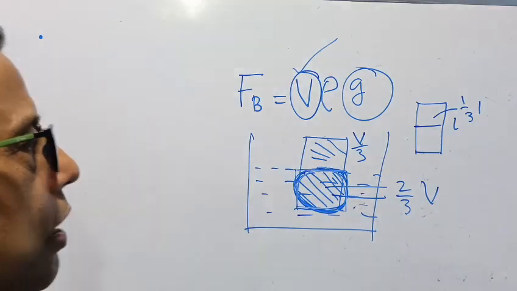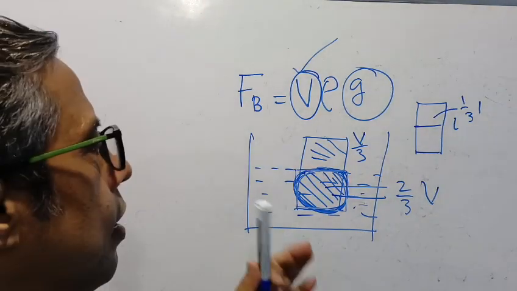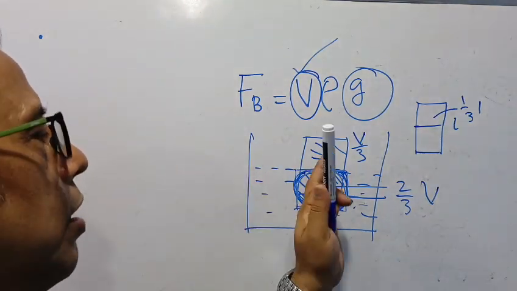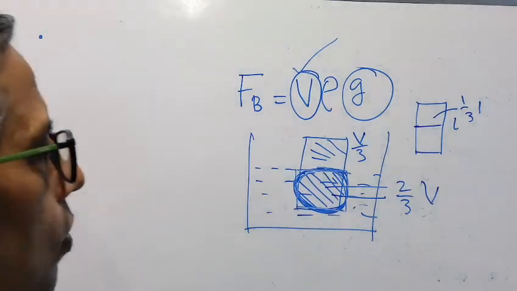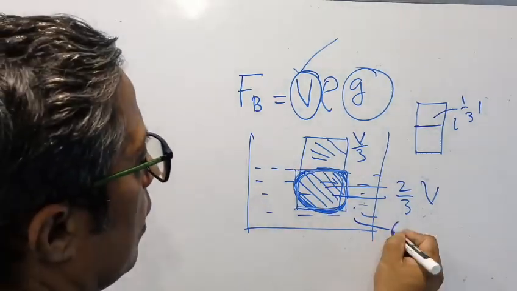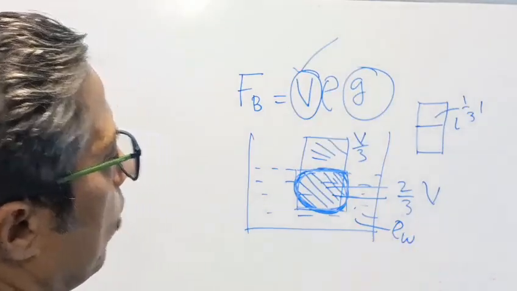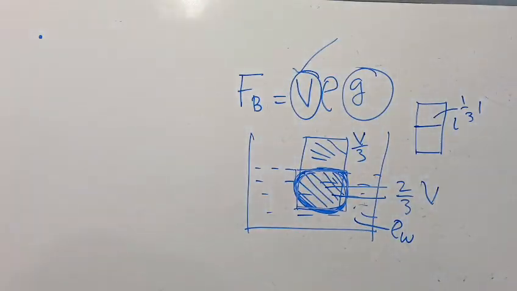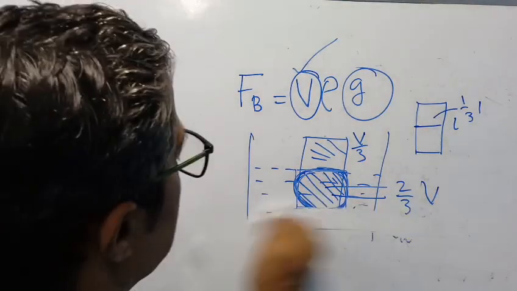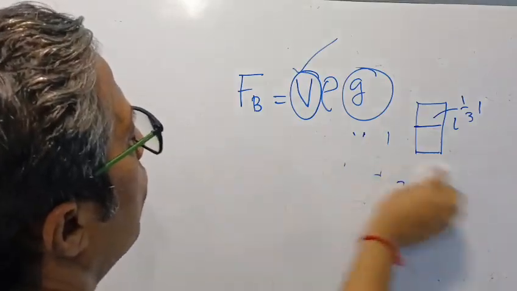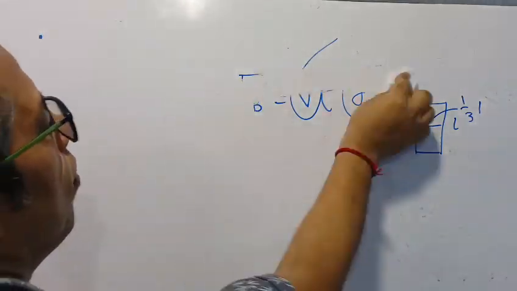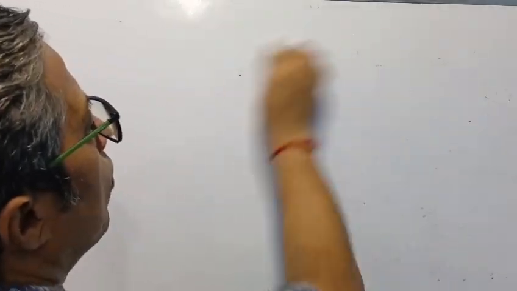Now the question is, what is the density of this object? Let's take this as water, so it will be rho W. Now if we move to the next level, according to the condition of floating, what is the condition of floating?